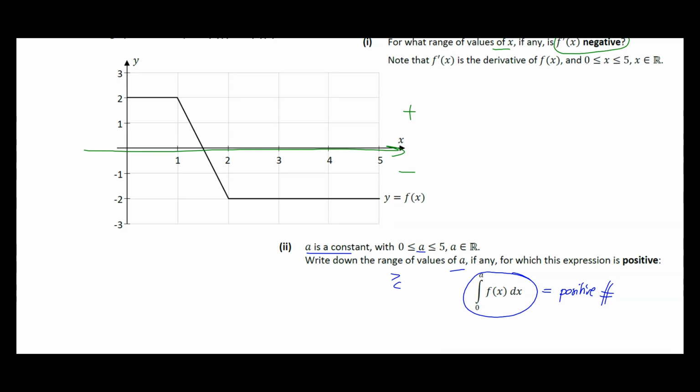Now, we can see that this area here is exactly the same as this area here, isn't it? So for argument's sake, let's put some numbers on it. Let's say that this area is 7. That means this area here will be minus 7. And then the rest of that area will be more minus, isn't it?